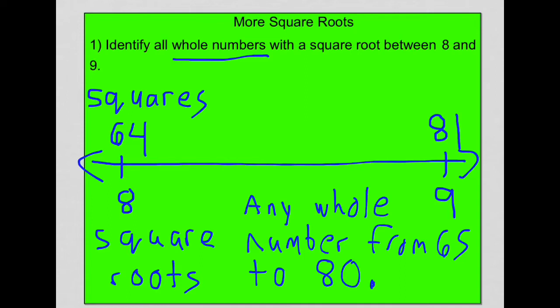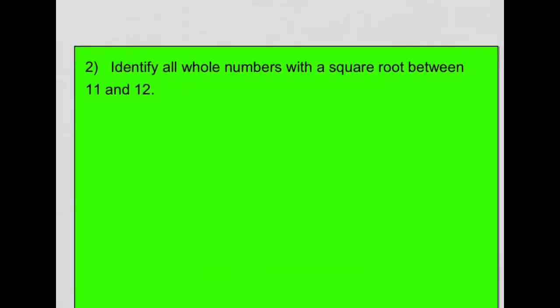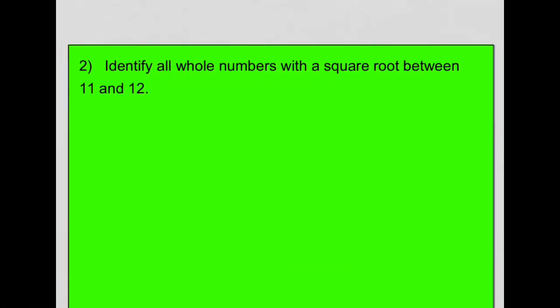Let's try another one. So same idea here. This says identify all the whole numbers. So again, we're not looking for decimals or fractions. All the whole numbers with a square root between 11 and 12. So let's start with our number line.